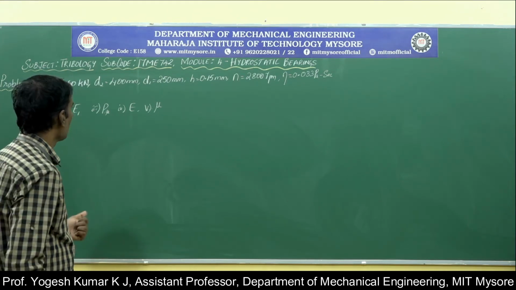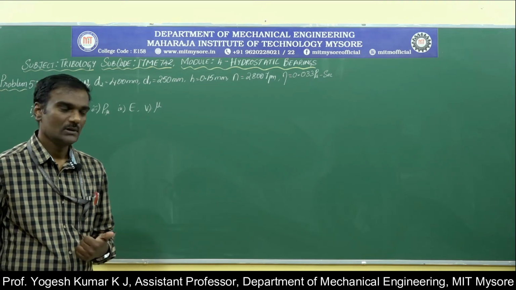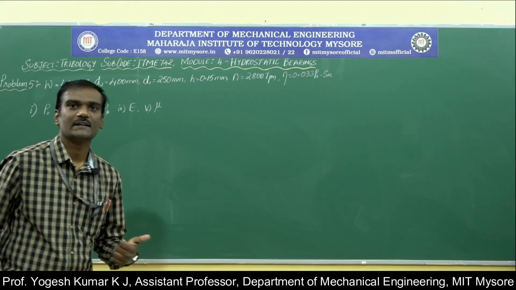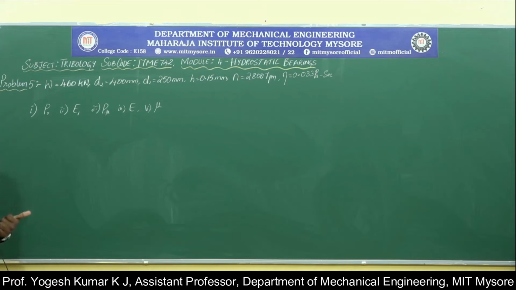I hope you have taken down the problem or you carefully listened to the problem. So, based on the given statement, let us write down all the data that is mentioned. The load acting on the bearing, W, is 460 kilonewton.